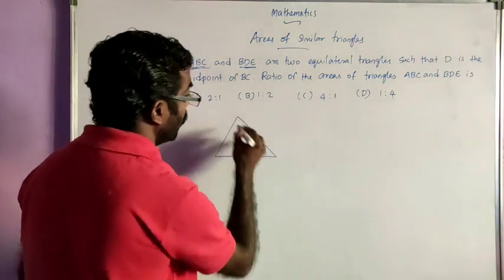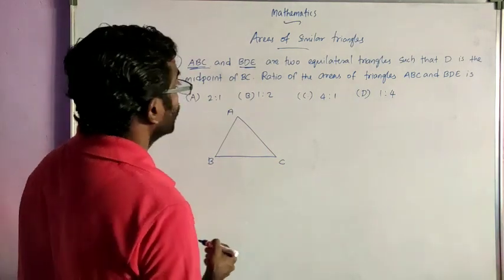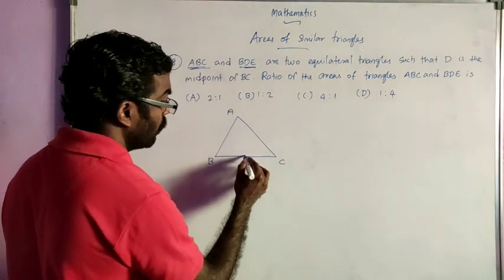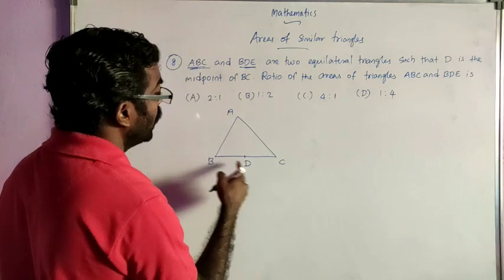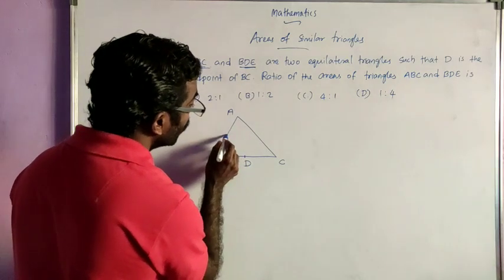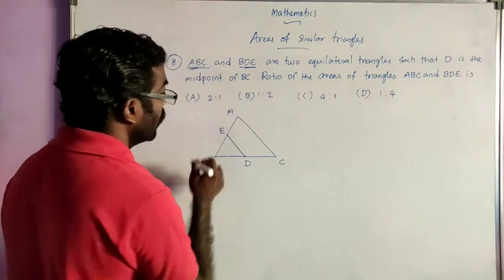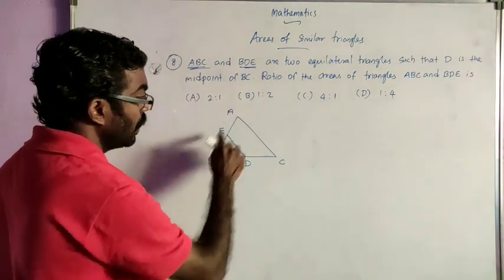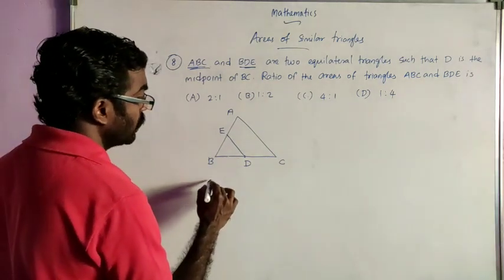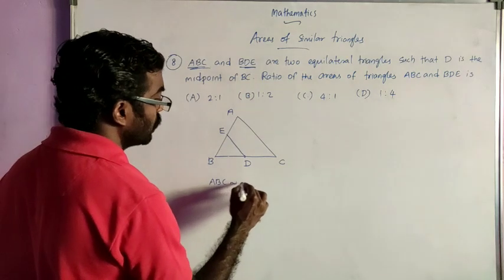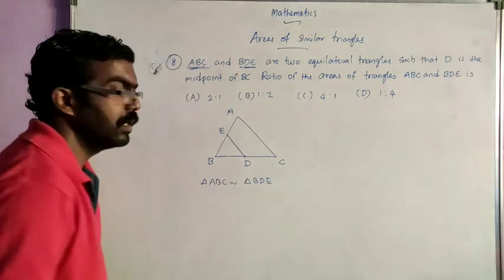Triangle ABC, D is the midpoint of BC, so here we can mark the point D. ABC, BDE, so here we can mark E. So this BDE and the whole triangle ABC are equilateral triangles, and hence we can write ABC is similar to triangle BDE. All equilateral triangles are similar.